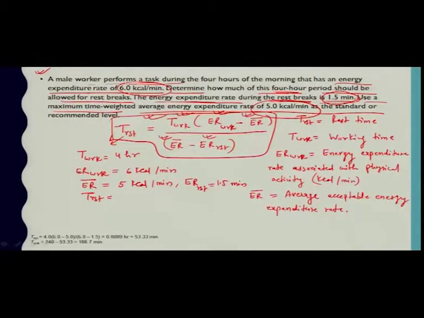So now everything is given on the right hand side. Now you have to calculate the left hand side. That will be T_RST equals 6 minus 5 upon 6 minus 1.5, times 4, which is 1 upon 4.5 times 4. Since T_WRK is given in hours, we have to convert it into minutes, so into 60 we have 240 minutes.